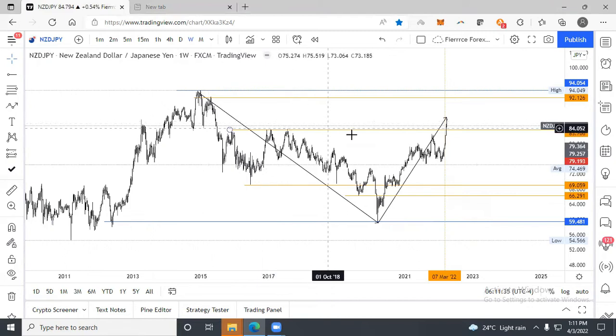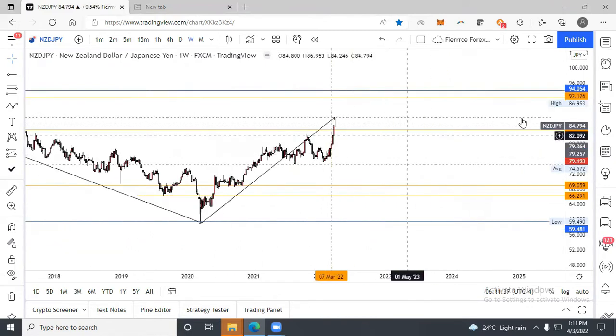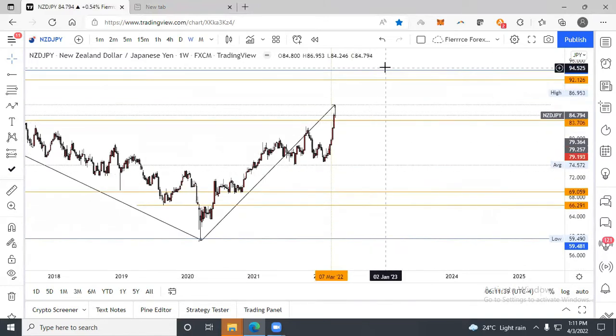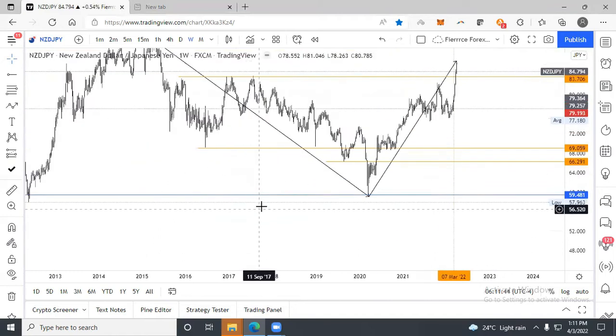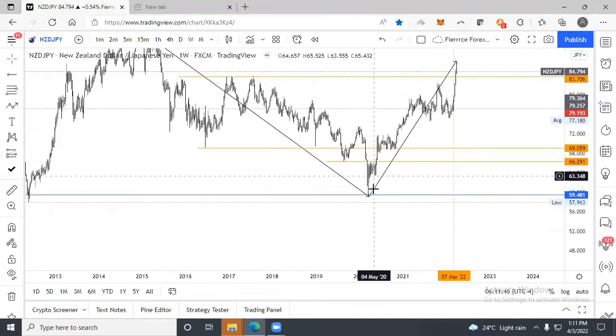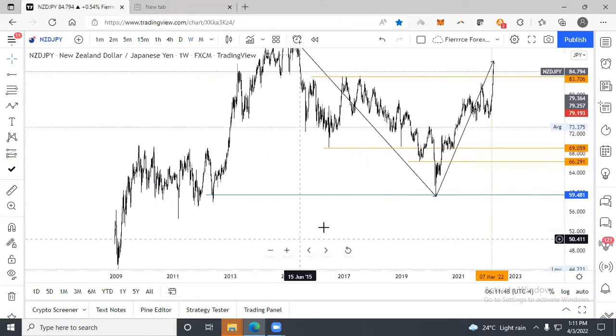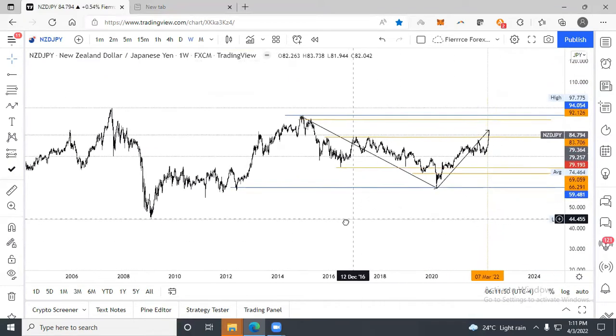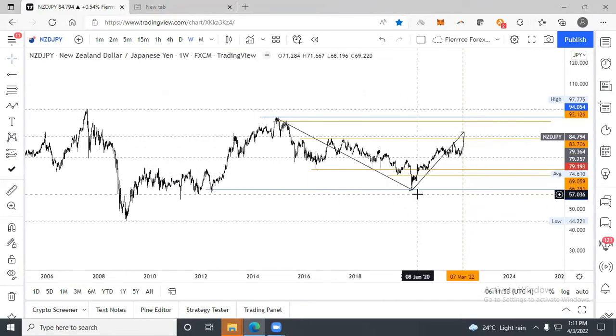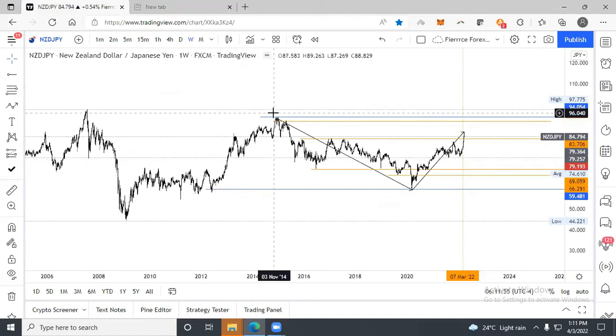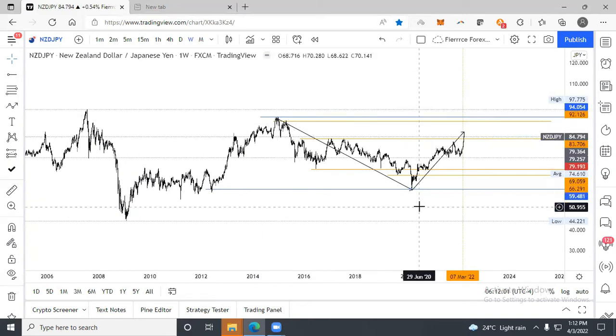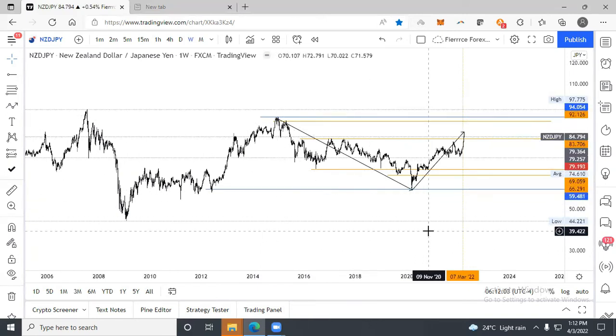Now, if we know that there is an external and internal high, what we can safely assume is that if price had broken external structure based on this range, then if you broke down here, we were now in bearish territory.